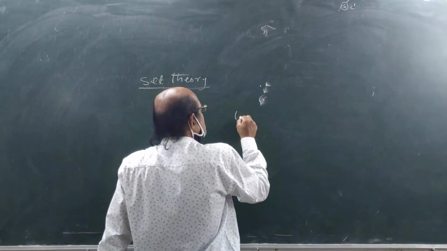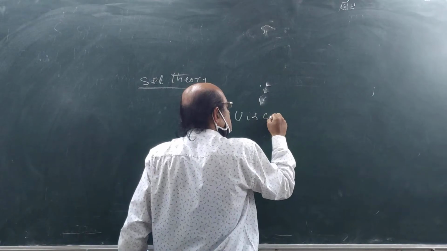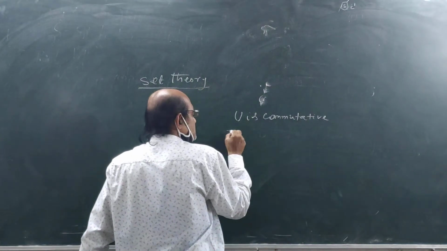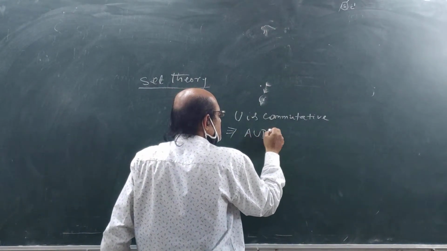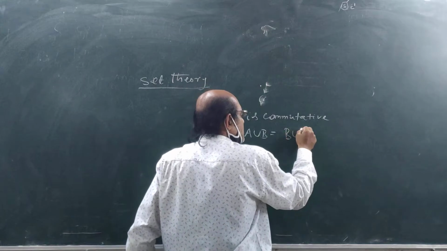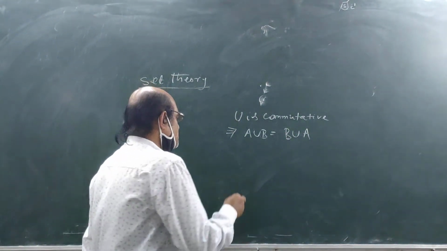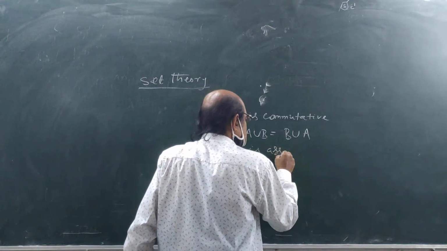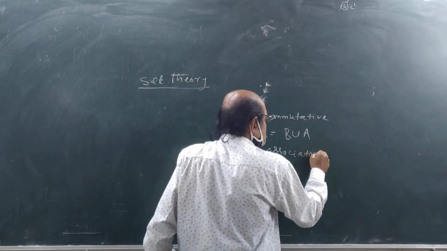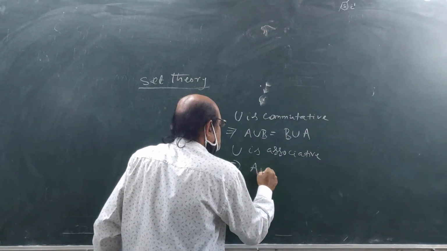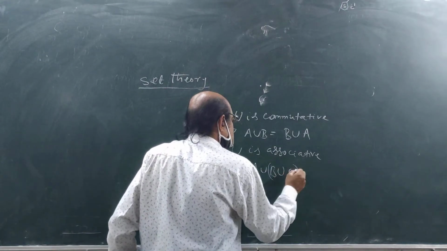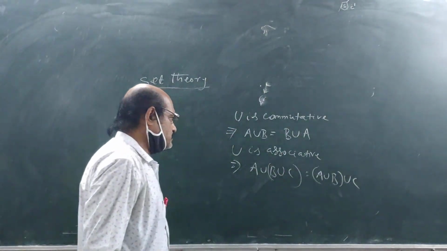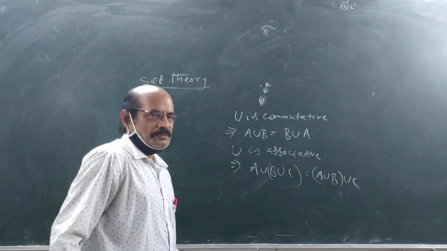Now union is commutative. That implies A union B is equal to B union A. This is known as commutative. Union is also associative. That implies (A union B) union C is equal to A union (B union C). This is known as associative, and this is known as commutative.